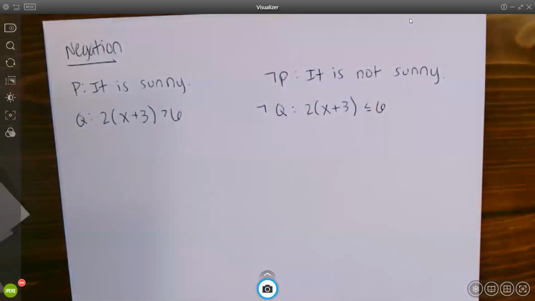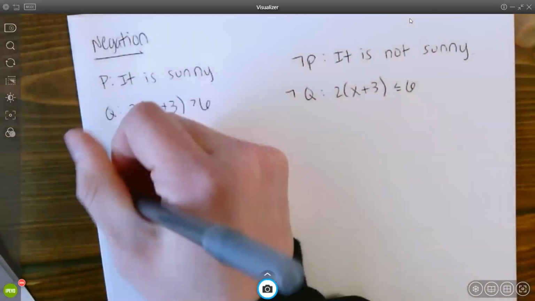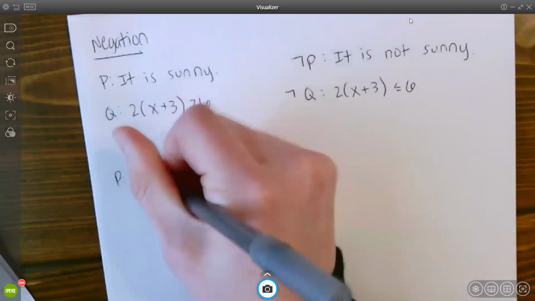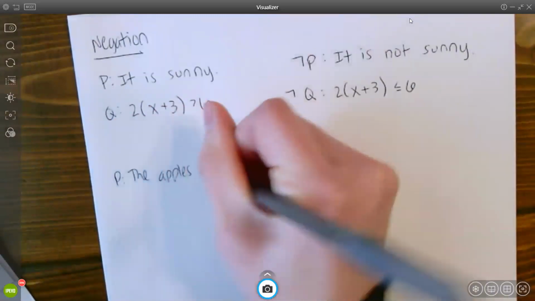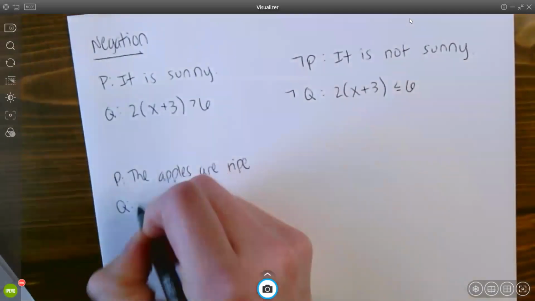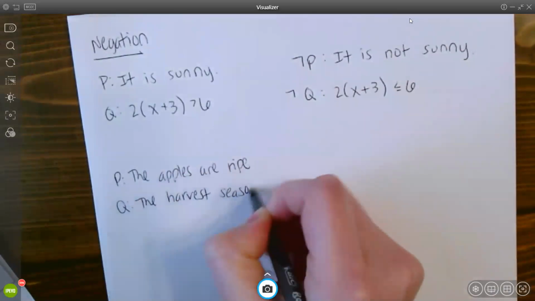Okay, I want to take a sentence, or piece of information, that has multiple parts and write that in words. So another example I want to look at is if I say that P is the apples are ripe. Q, I'm going to say the harvest season has started.